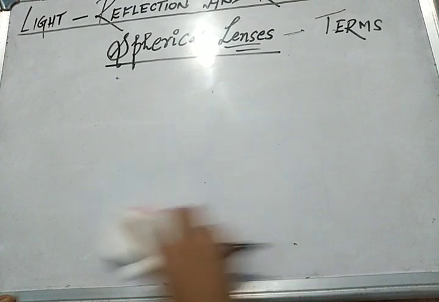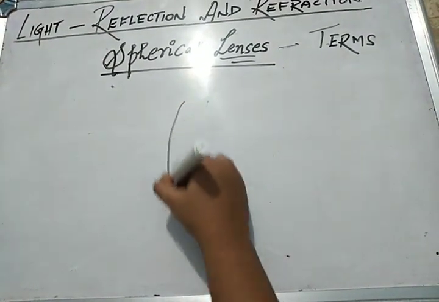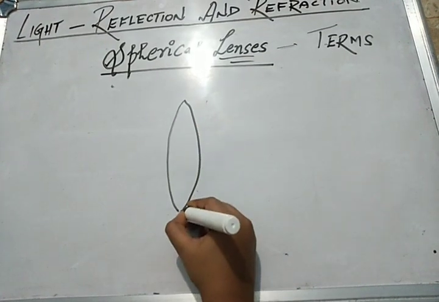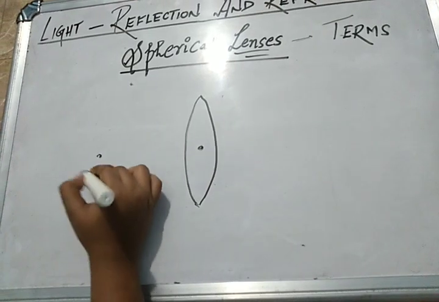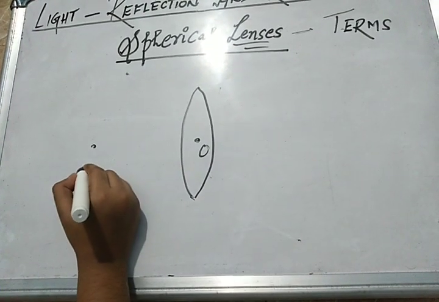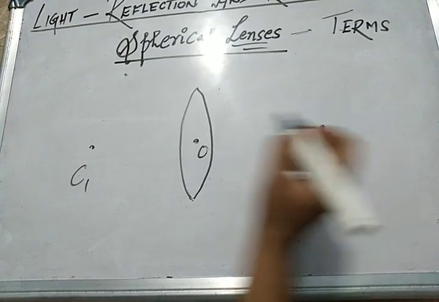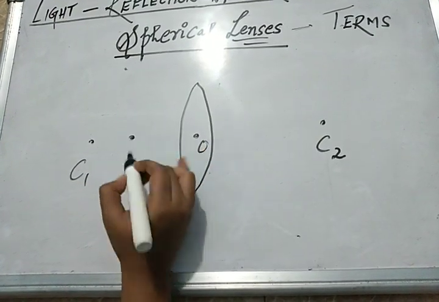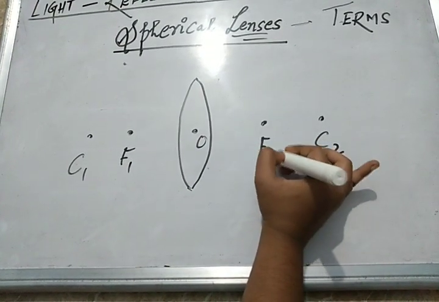Now we have learned about the first, let me draw a convex lens. We have learned optic center, then we learned center of curvature, right? Two centers of curvature, C1, C2. Then we learned about focus, F1, F2.